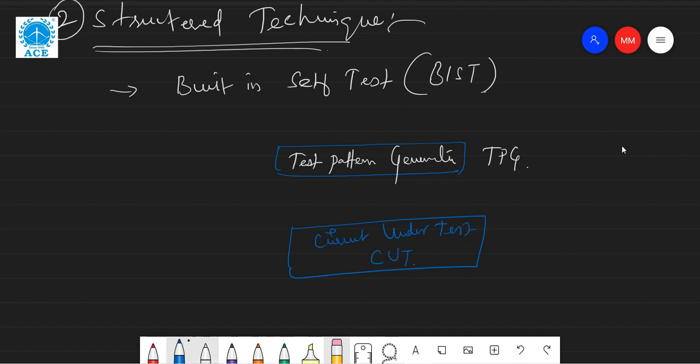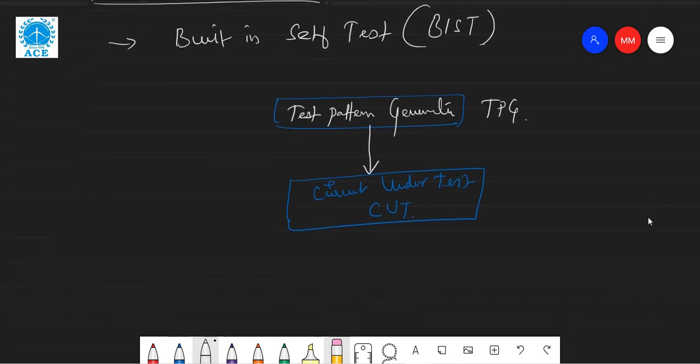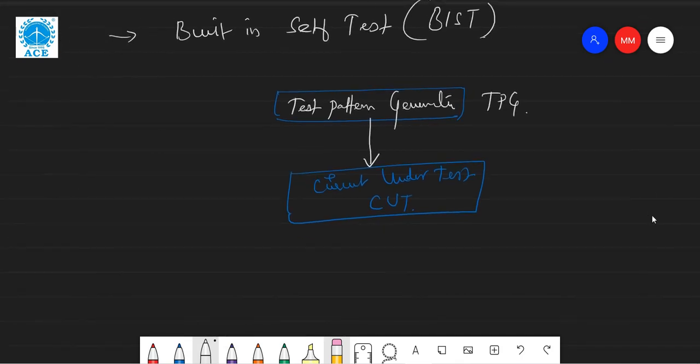After completion of test pattern generation, it will move to the next stage, which is circuit under test. Then after this one we have TRA, test response analysis.